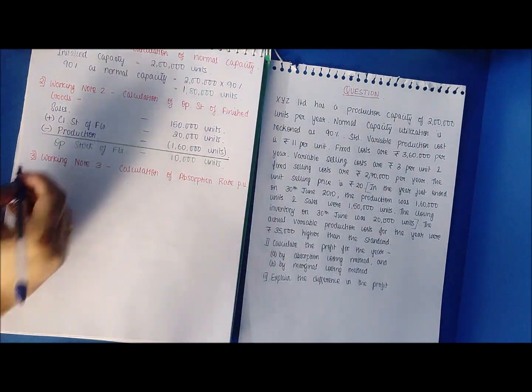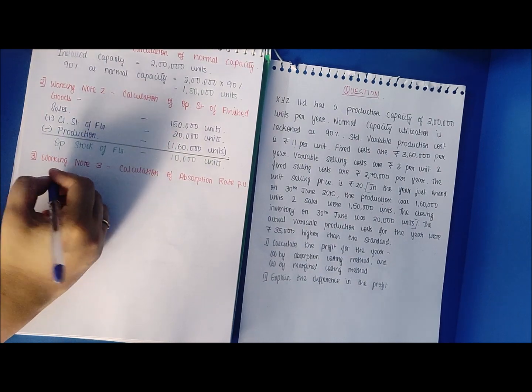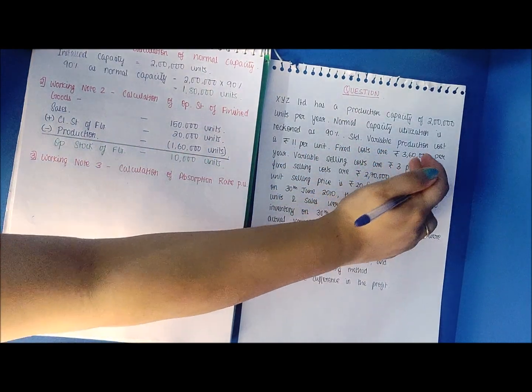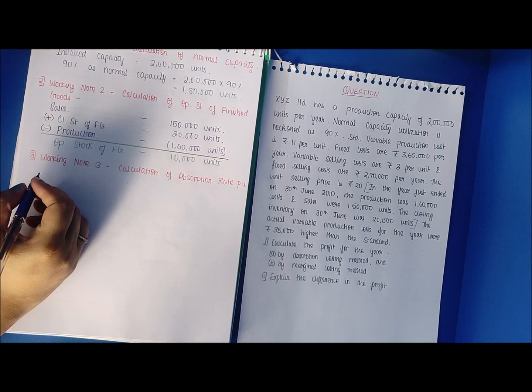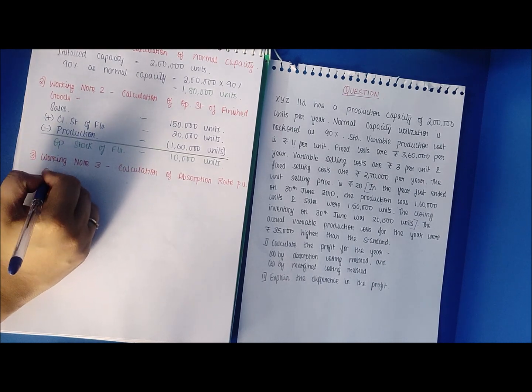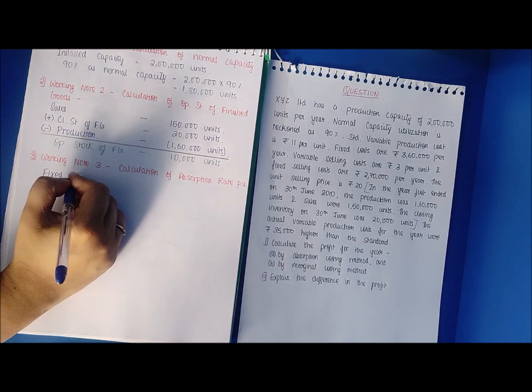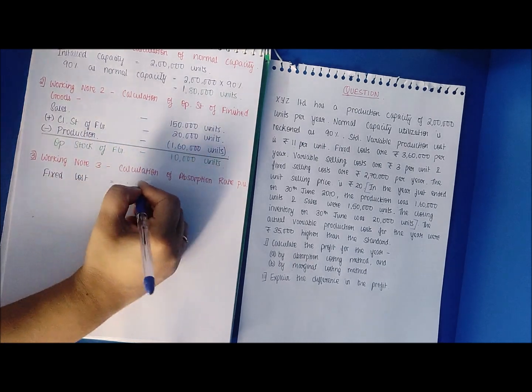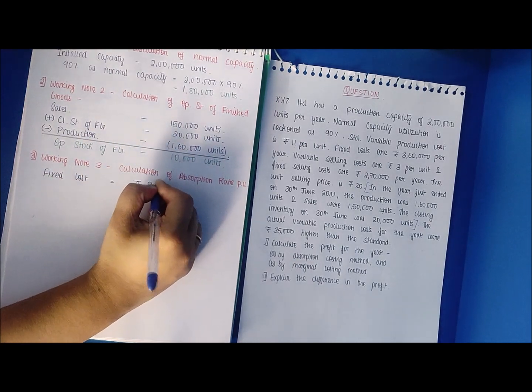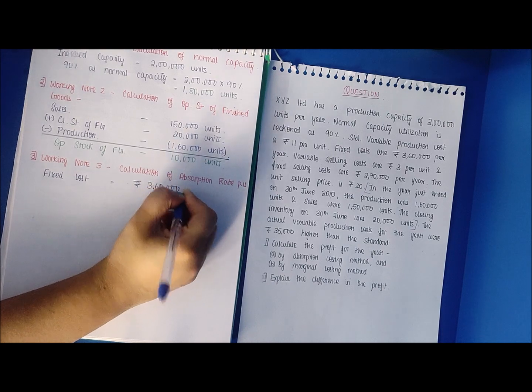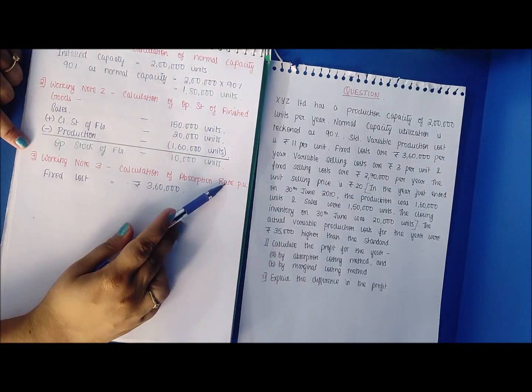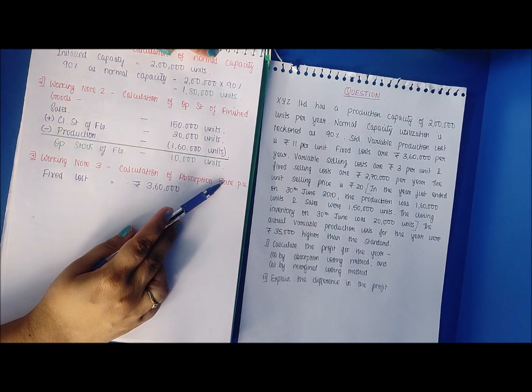So with this, our fixed cost is equal to rupees 3,60,000. Now, absorption rate is always calculated on the normal capacity.